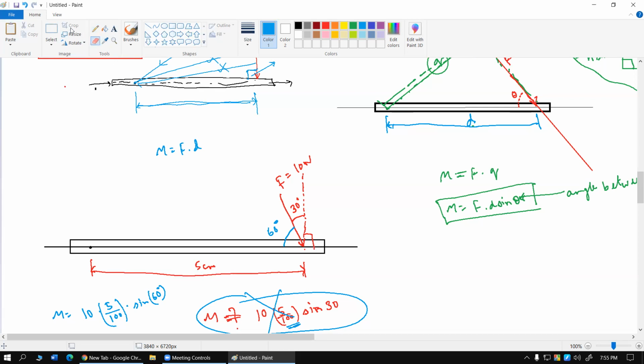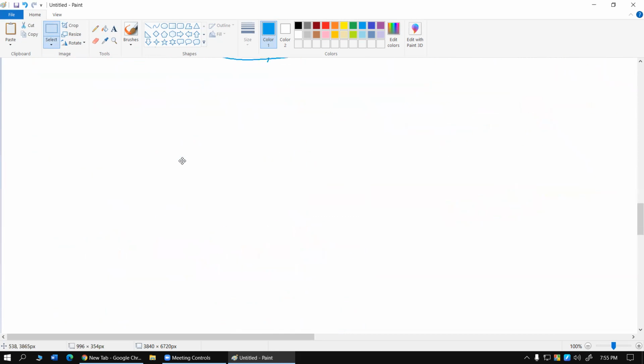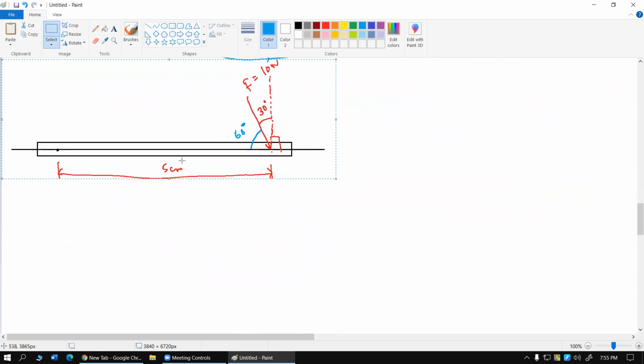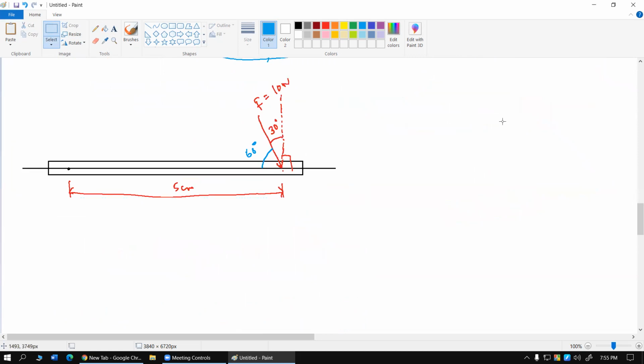Let's say they do not give this. Let me just copy this figure so that I can show you a slightly different figure. I'm going to copy the same exact figure and keep most of the variables the same. Let's say in another example, they're not going to give you this exact thing, so let me erase the part that I don't want.